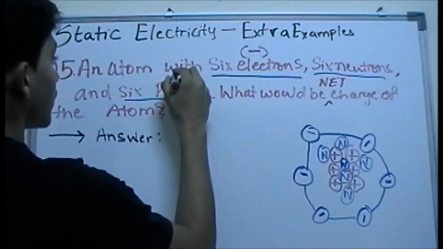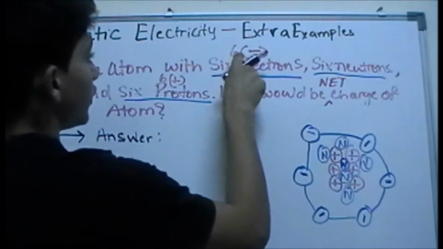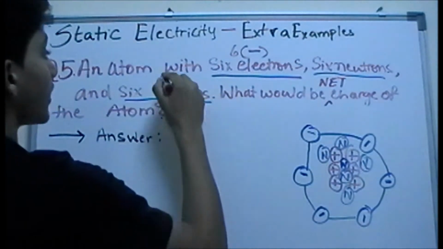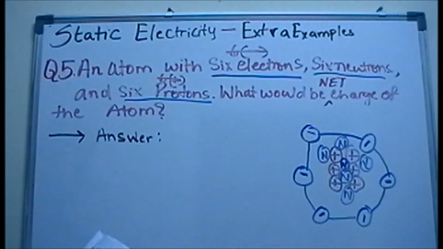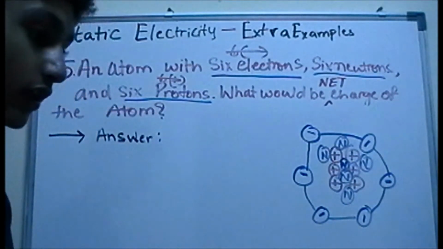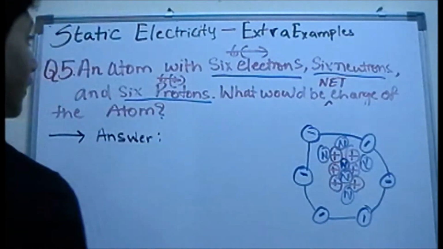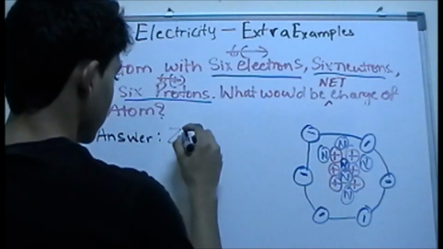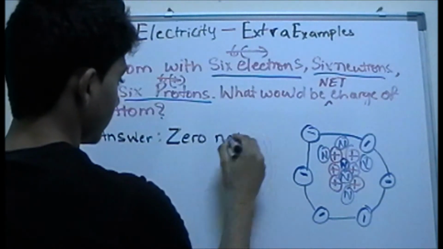And 6 protons are positive. So you have 6 negative signs and 6 positive signs. Positive and negative cancel out, and the remainder is 0. Let me write it in black: the answer is 0 net charge.